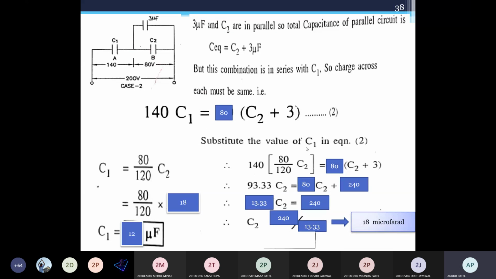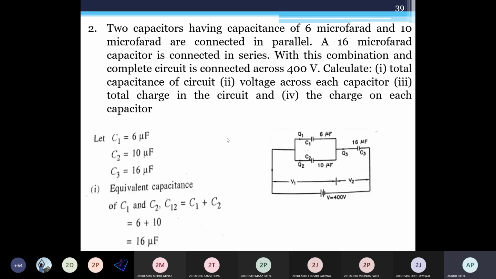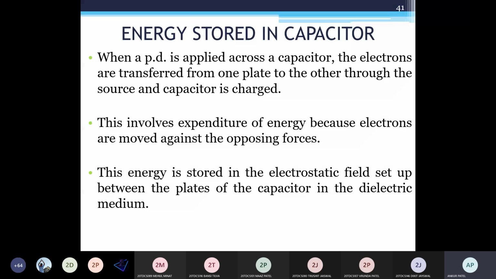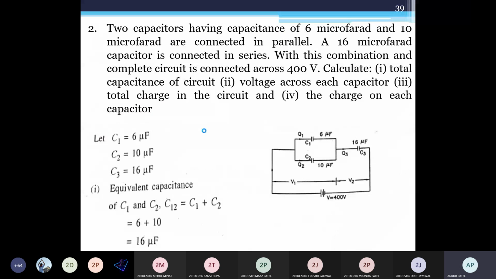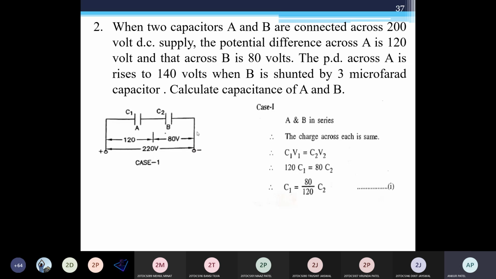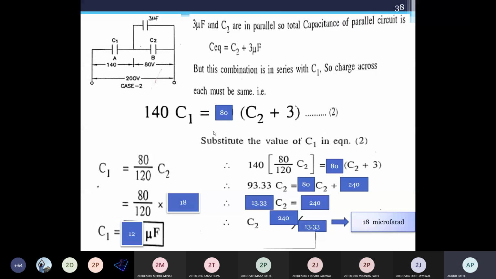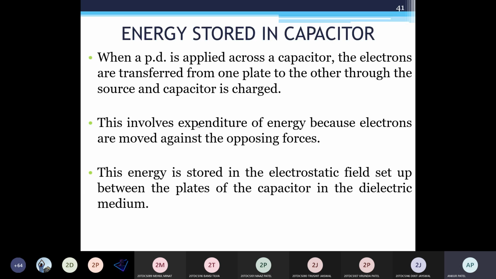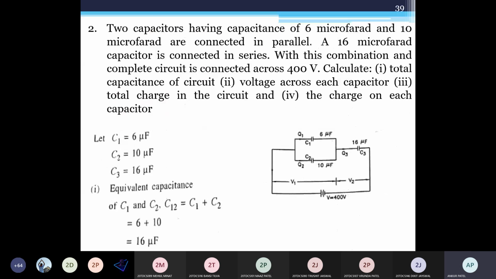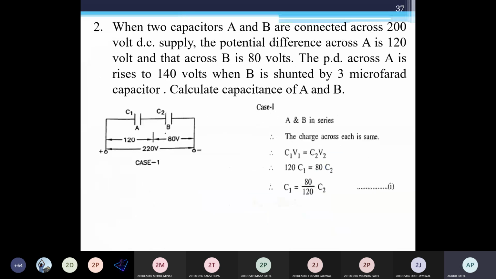But we know the relation: C1 is equal to 80 upon 120 C2.